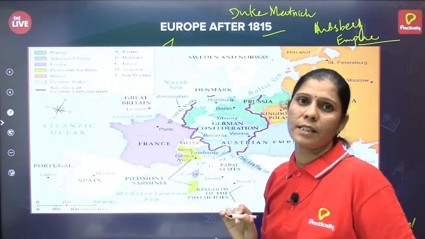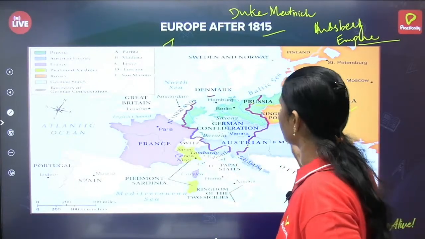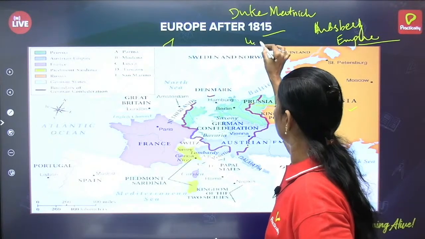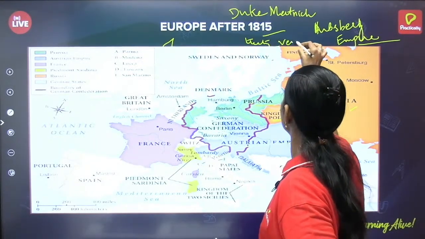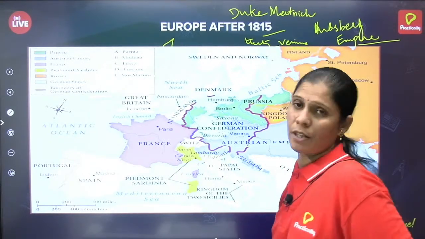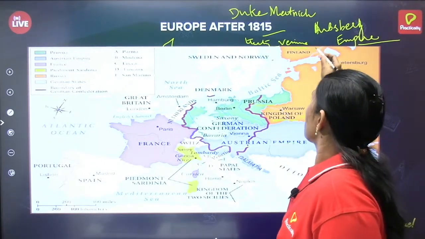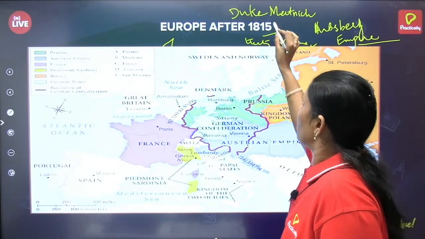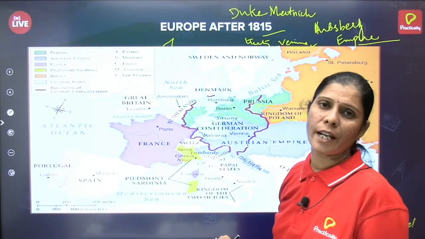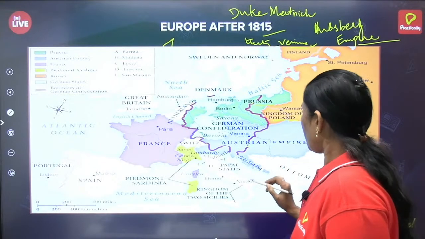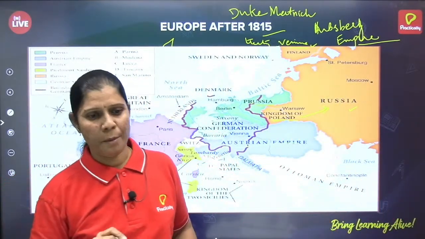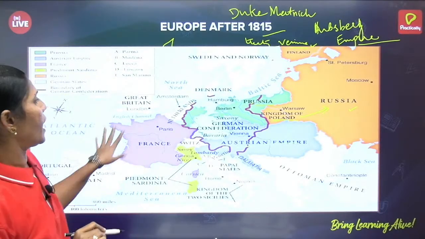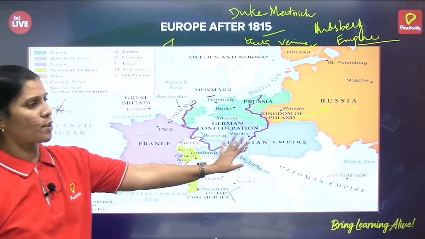Metternich was a duke who conducted the Treaty of Vienna. Under his supervision, the Treaty of Vienna was conducted. So we say that the Vice Chancellor Duke Metternich was the person who hosted this meeting, and they redrew and redistributed like this.